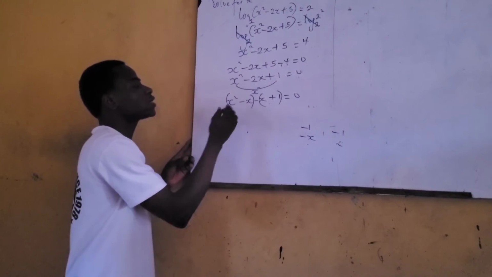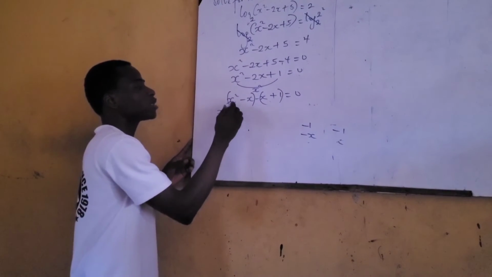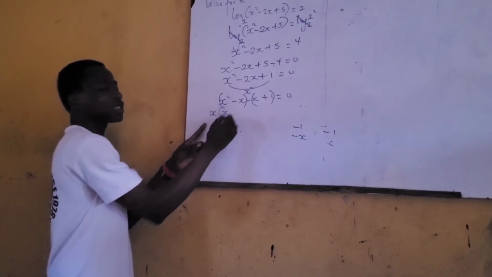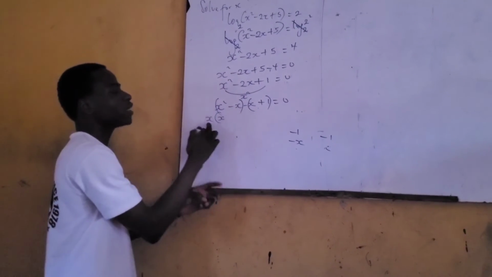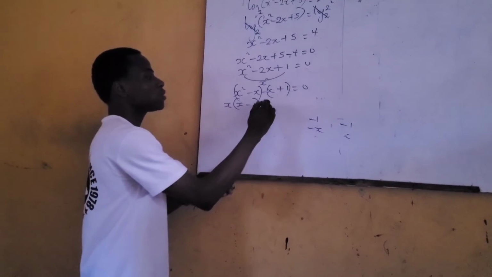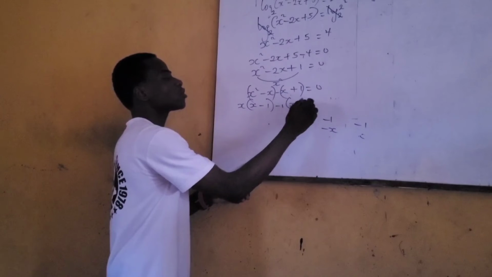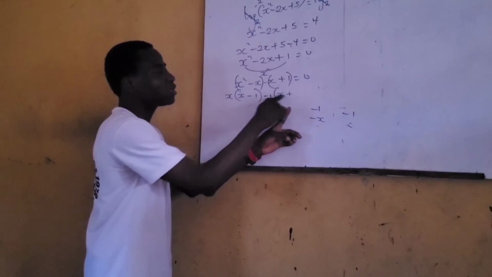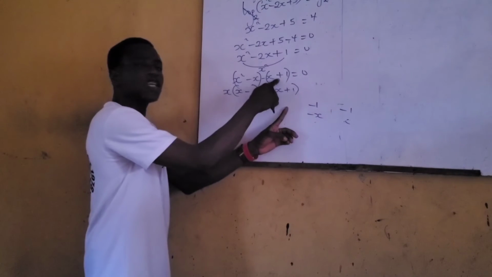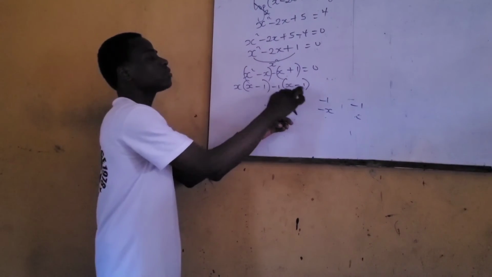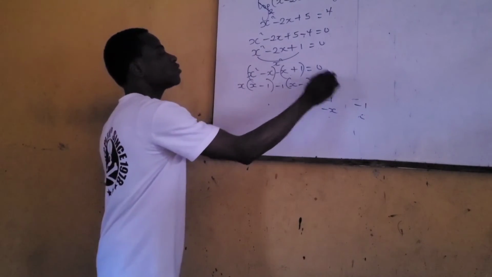What's common here? x is common, so x into bracket x minus 1. Then what's common here? Minus 1 is common, so minus 1 into bracket x minus 1, since minus 1 times minus 1 gives plus 1. Then equals 0.